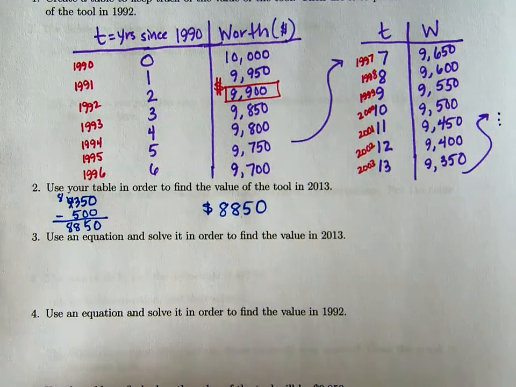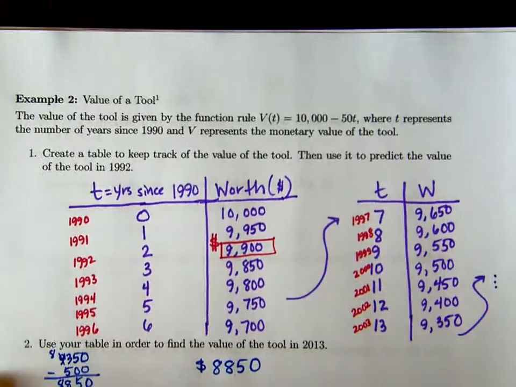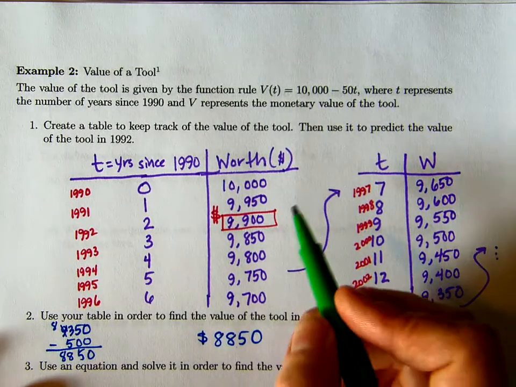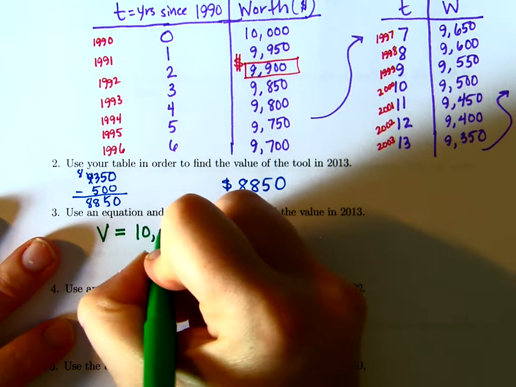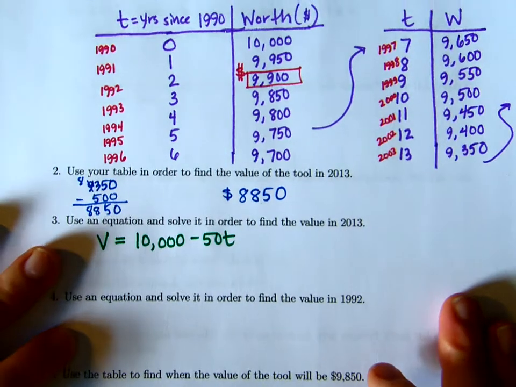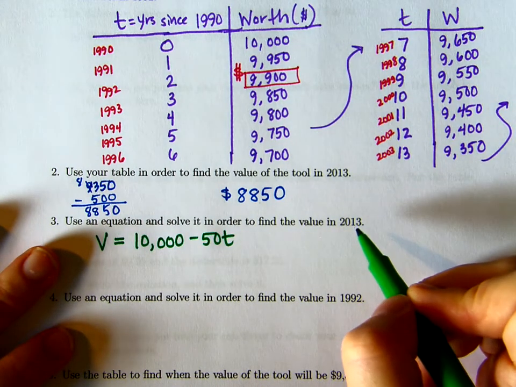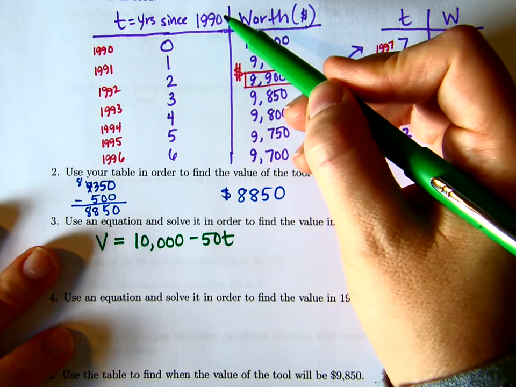All right. So instead of doing it using this table and having to keep going, use an equation and solve it in order to find this value. We got this. So first, we have an equation up here. It reads V equals 10,000 minus 50t. We also know that we're finding the worth in 2013, and t is years since 1990.